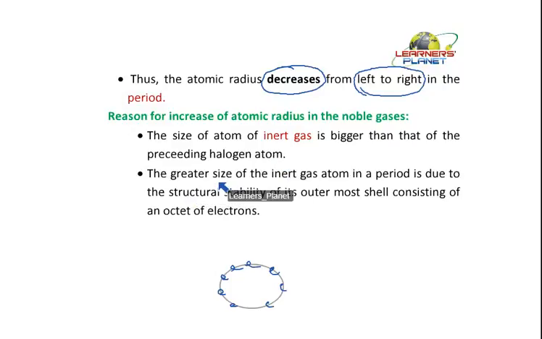The greater size of the inert gas atom in a period is due to the structural stability of its outermost shell consisting of an octet of electrons, and also due to the repulsion between the electrons. So this is the reason for the increase in the atomic radius of the noble gas.